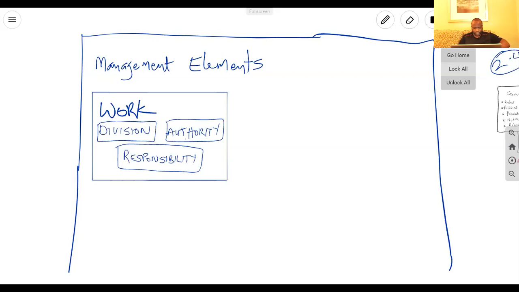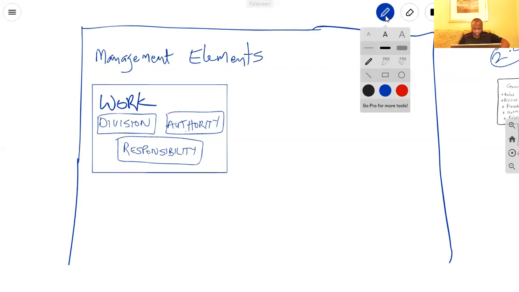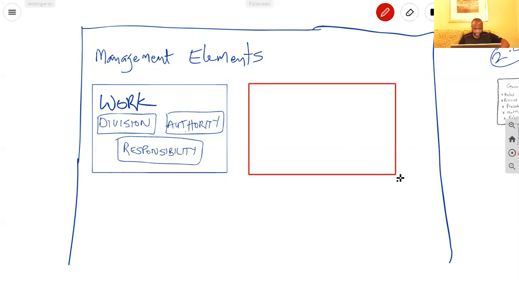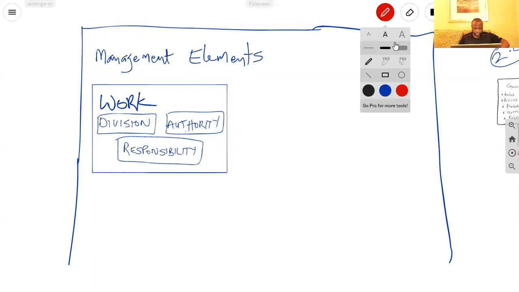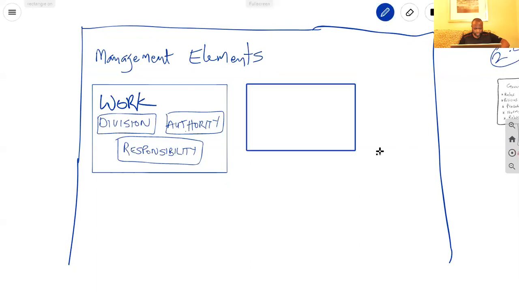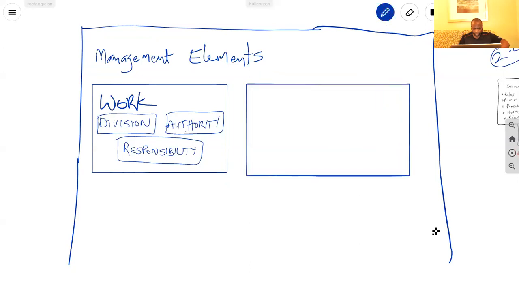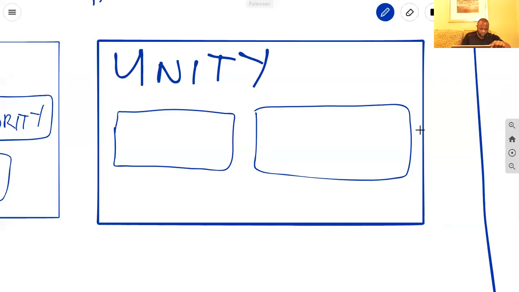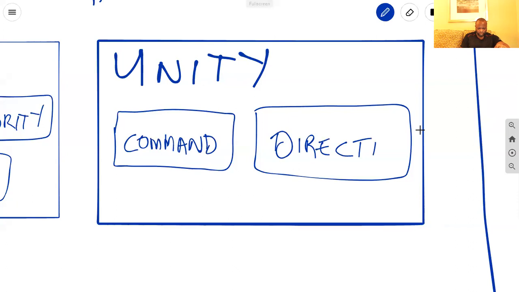We can have a bucket here. I'm just going to accelerate for you a little bit. In here, we have unity of command, unity of direction, okay?